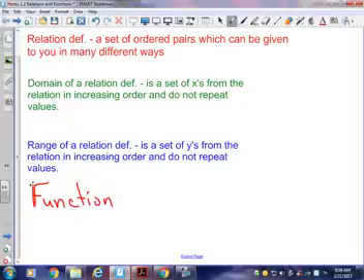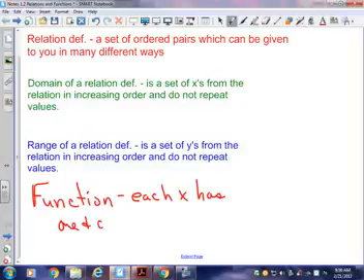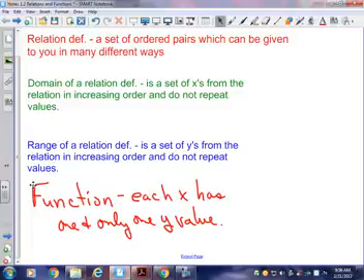A function: each x has one and only one y value. Let me explain what that means. You're in middle math class and you're working a test question. You plugged the 3 in and you got 42 and the person next to you said it was 57. Is that possible?